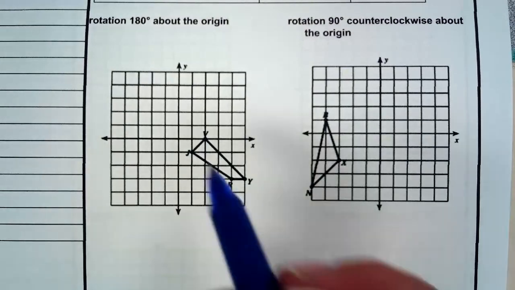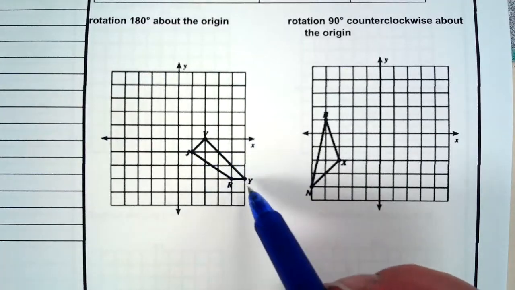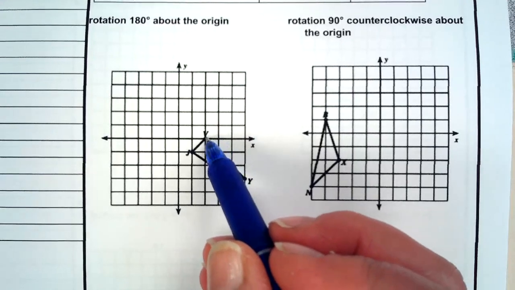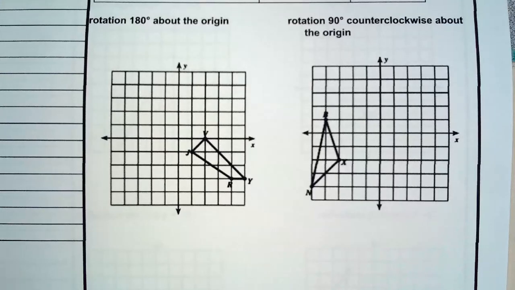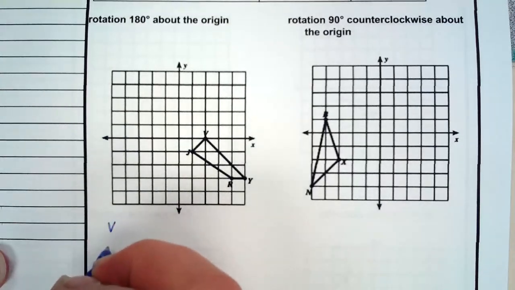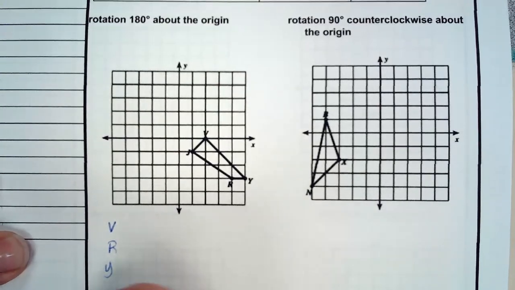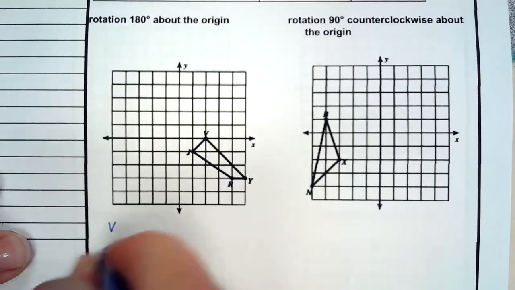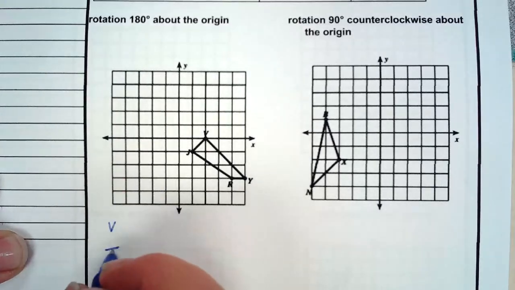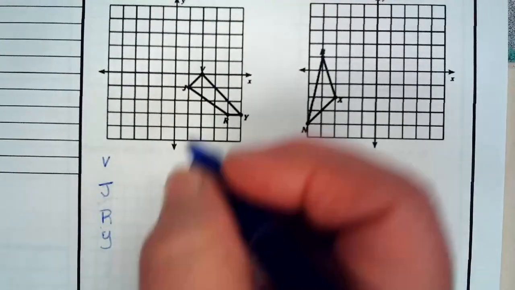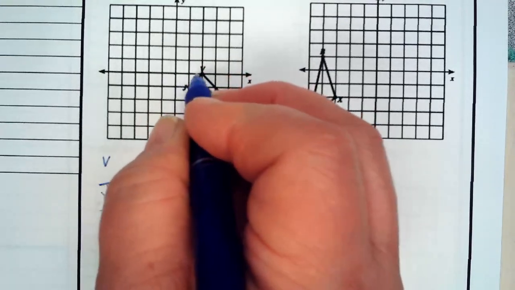Pause the video. This is J, R, Y, and I'm going to call that V. Okay, so V, J, R, and Y. V is, if it's my center, 2, 0.